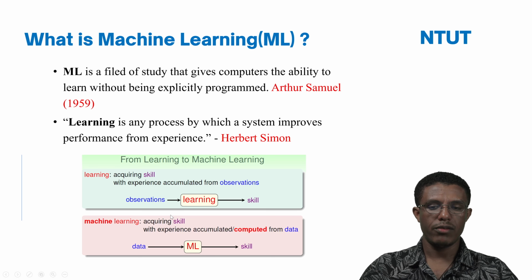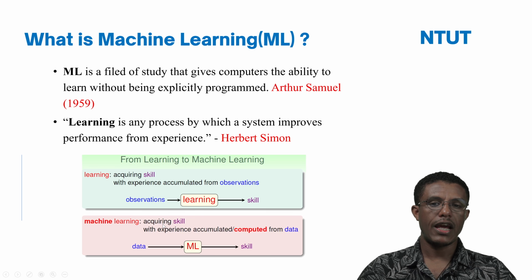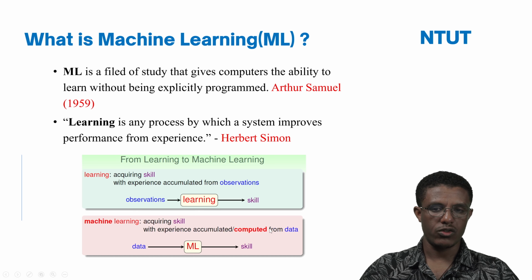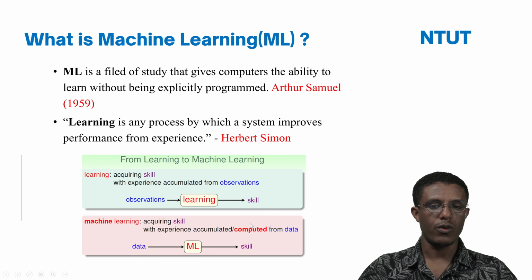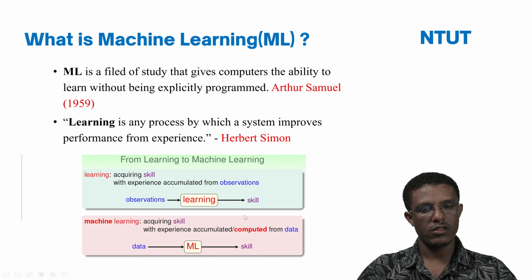When it comes to machine learning, it is acquiring skills with experience that is accumulated from data. That is the difference. In machine learning, the focus is on the data, so the computer or the machine is learning from the data.